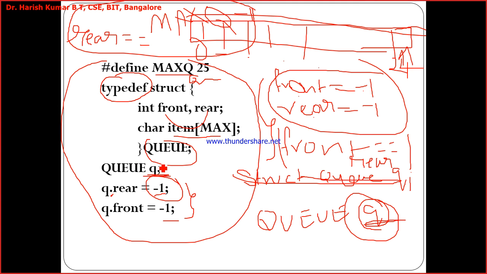Now declare a variable with the name q. Using that, I'm accessing the structure members rear and front, initializing them to -1. If both front and rear are equal to -1, or in other words front is equal to rear, q is empty. If rear is equal to max q -1, then the queue is full.